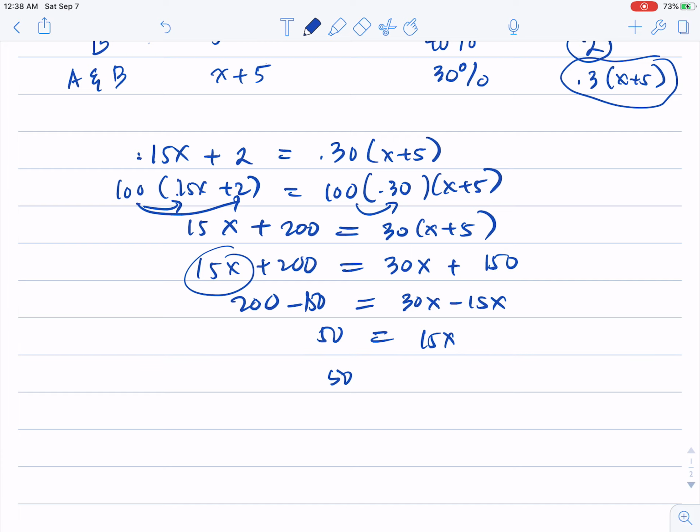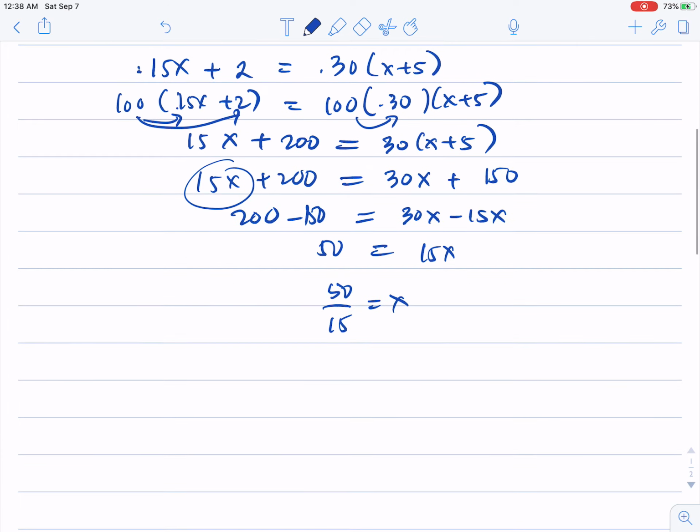So 50 divided by 15 equals x, which means x is equal to 10 over 3 in lowest terms, or as a mixed number: 10 divided by 3, that's 3, that's 9, that's 1. So 3 and 1/3. This is your whole number, this is your numerator, and this is your denominator.